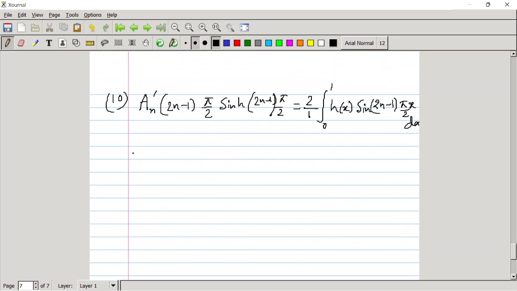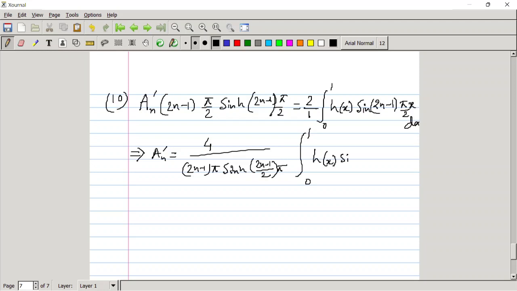So what should be my a n dash? a n dash is, just changing, 4 by (2n minus 1) pi into sine hyperbolic (2n minus 1) by 2 into pi, into the integral 0 to 1 of hx sine (2n minus 1) pi by 2 into x dx. So this is my an. That's why I got the answer.